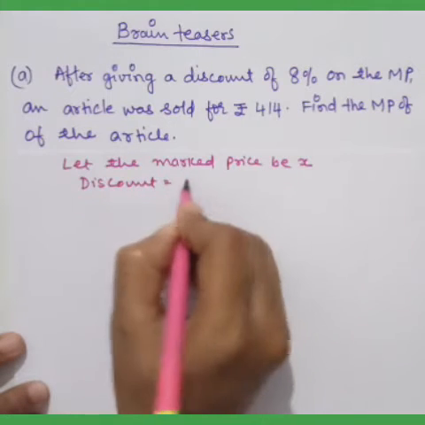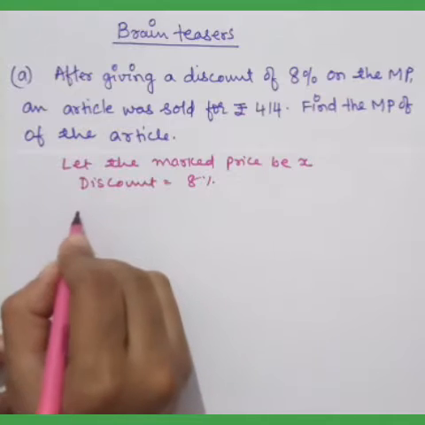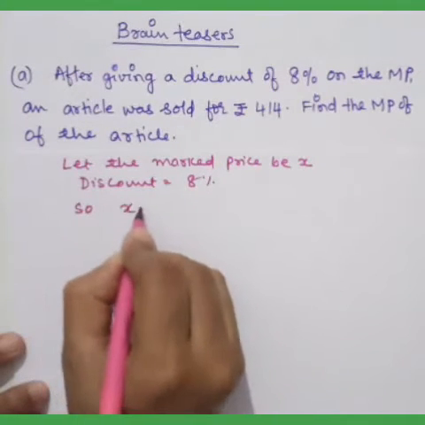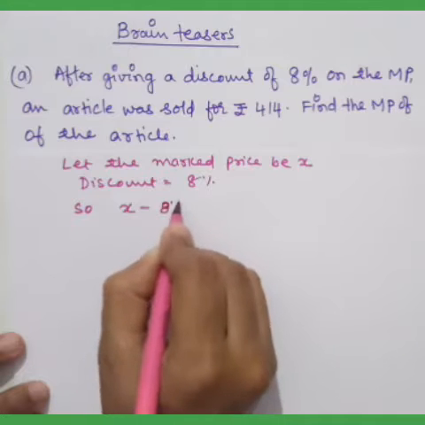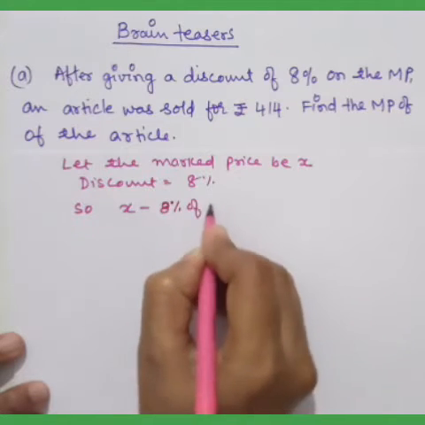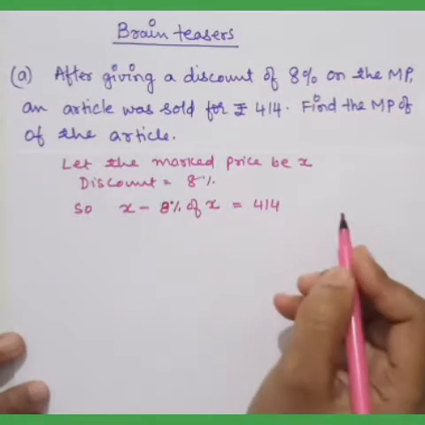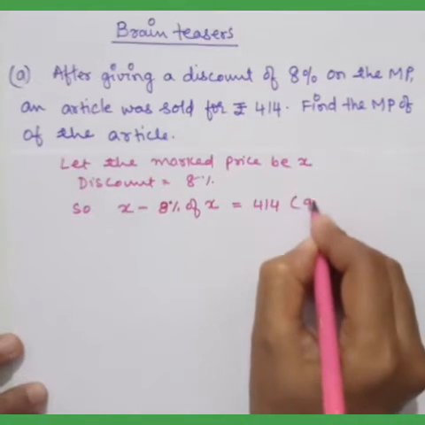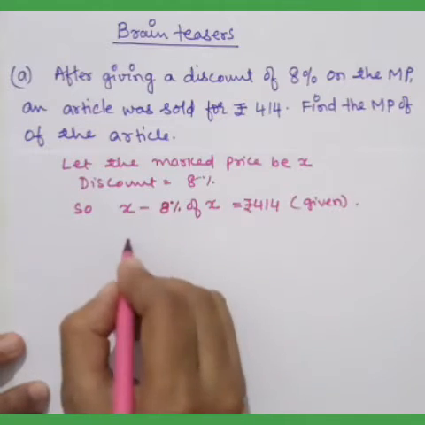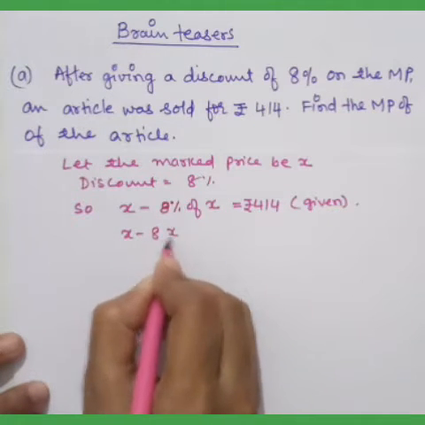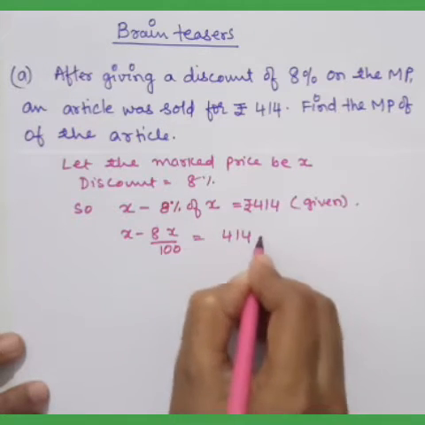Discount percent is equal to 8%. So selling price will be mark price minus 8% of mark price, X minus 8X by 100, which is equal to 414, which is given.